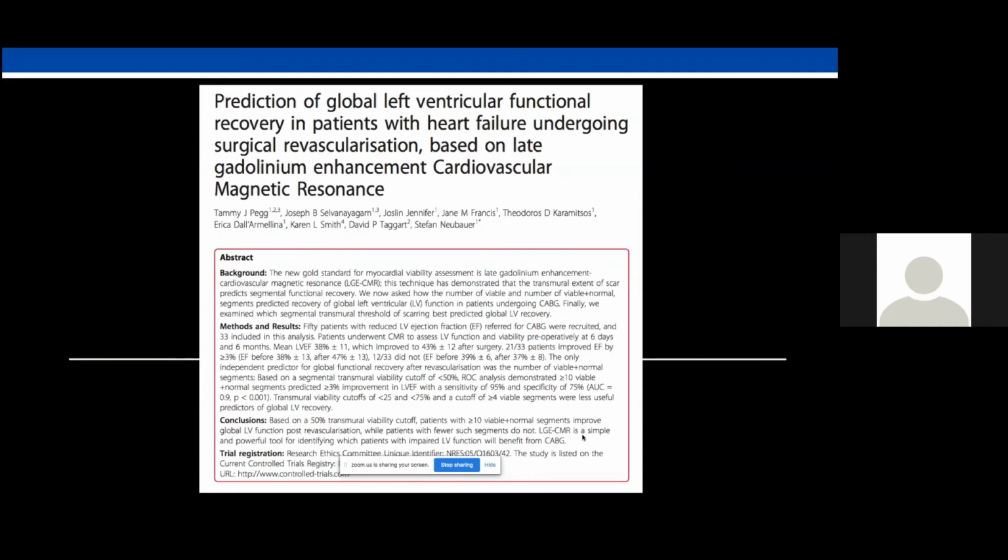Okay, so this is one of the newer works by Pegg et al. In this study, they asked a specific question: what is the number of myocardial segments that can predict global functional recovery after patients undergo coronary bypass?